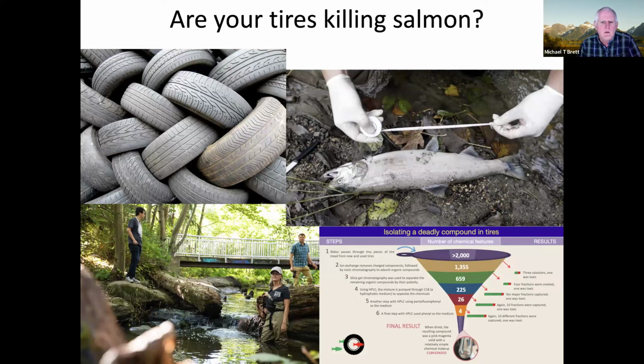This got press in all the major newspapers and got quite a bit of TV coverage, but it was a huge discovery because people had noticed for quite some time that salmon that return to urban streams oftentimes die before they even spawn. And it turned out it was one very specific chemical that they put in tires to make the tires more resistant to degradation from ozone. And so that's a very interesting study that came out of our department just a couple of years ago.